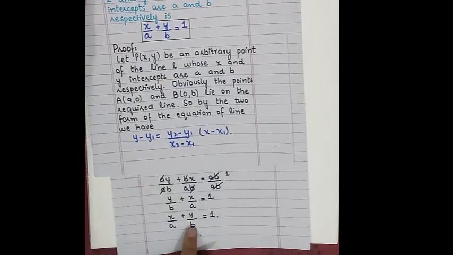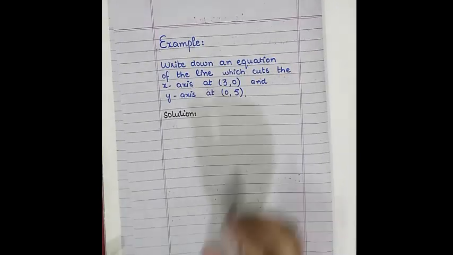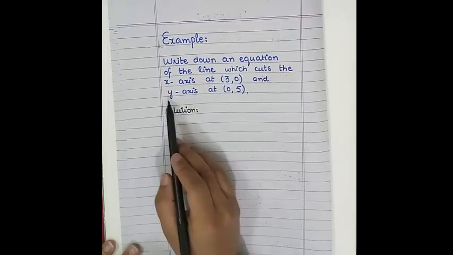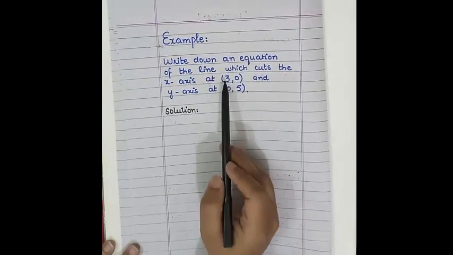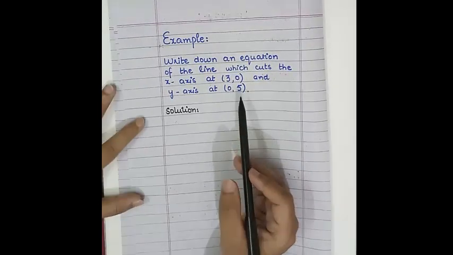So we have proved it. Example: write down an equation of the line which cuts the x-axis at (3, 0) and the y-axis at (0, 5). It means this is the value of the x-intercept and this is the value of the y-intercept.